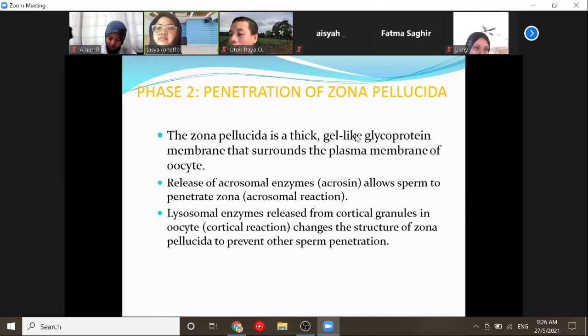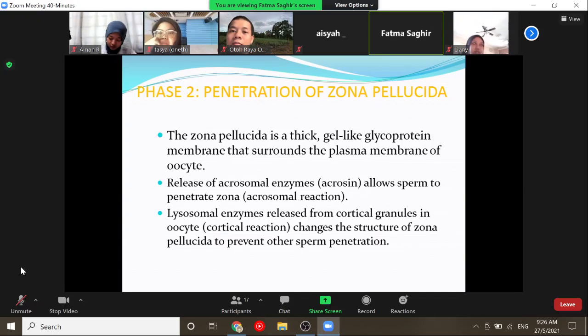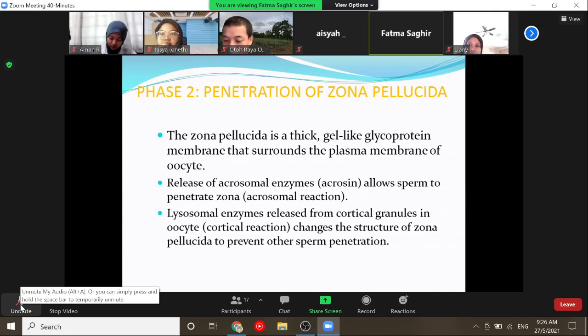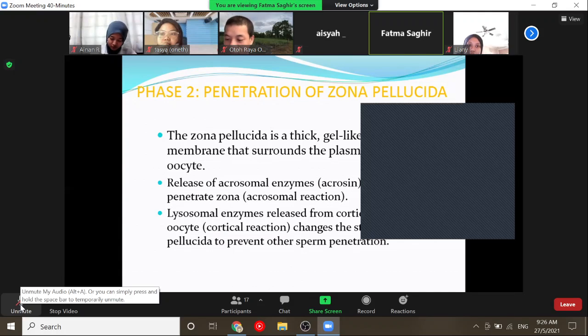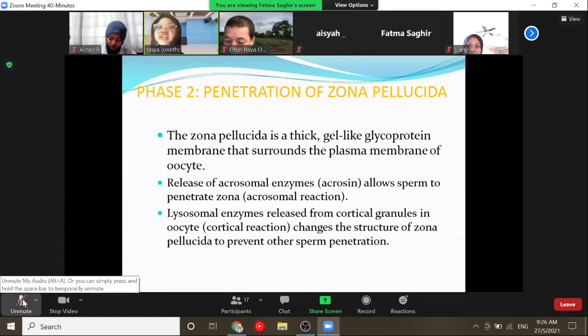The cilia moving the sperm to the fallopian tube. Okay, the cilia at the uterus and the fallopian tube. And in the uterus we have something else. How does the uterus help? Contraction.